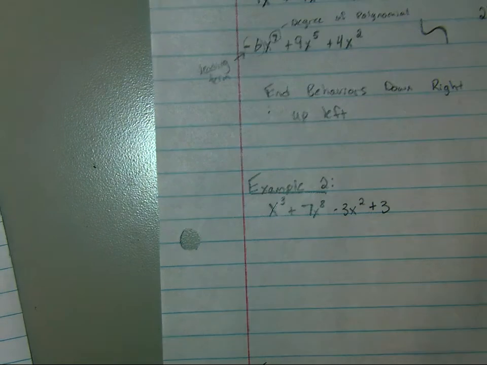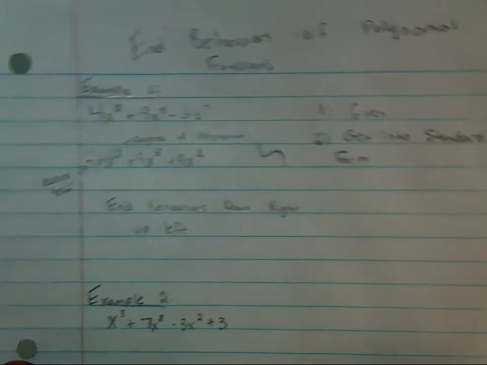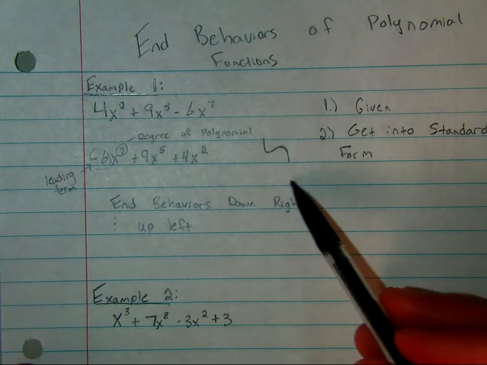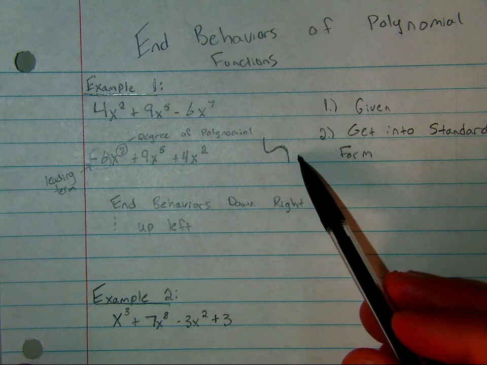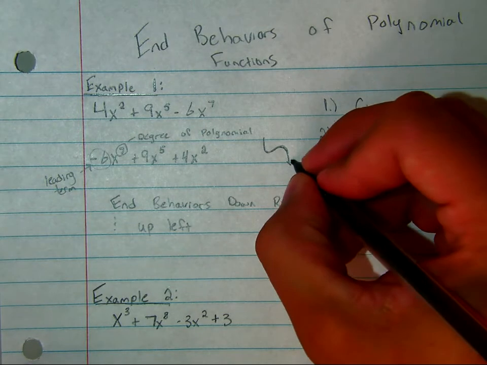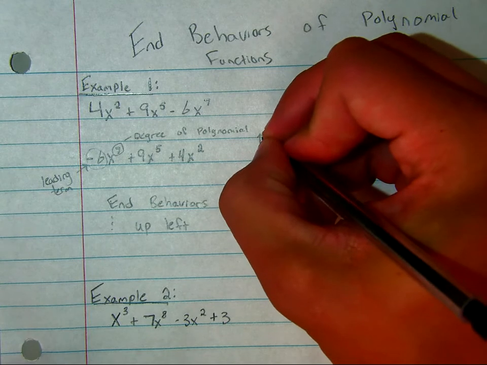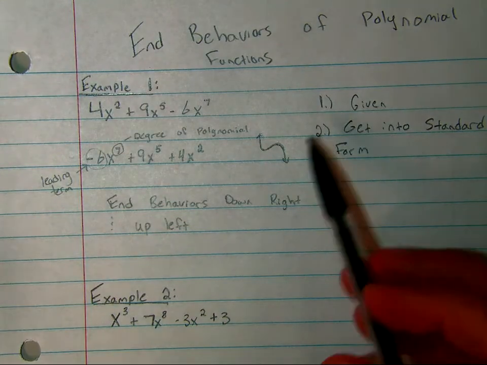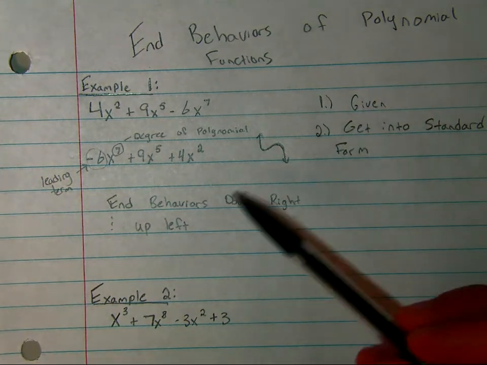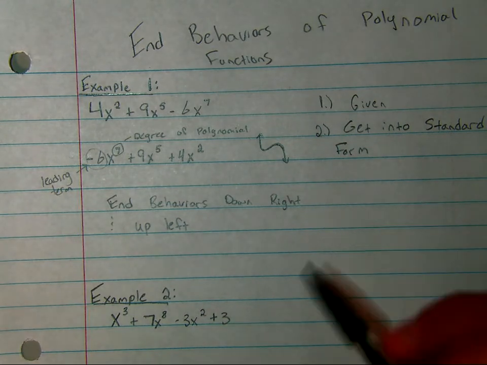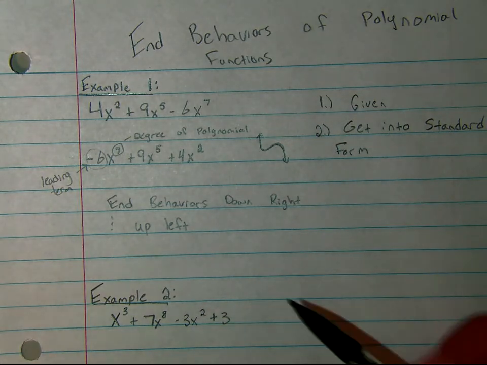Again, what that looks like is, if I were to draw it, on the right side it goes down, on the left side it goes up. I don't know exactly what it looks like. It could loop more than once, twice. If you wanted to, you could go on Desmos and graph it.